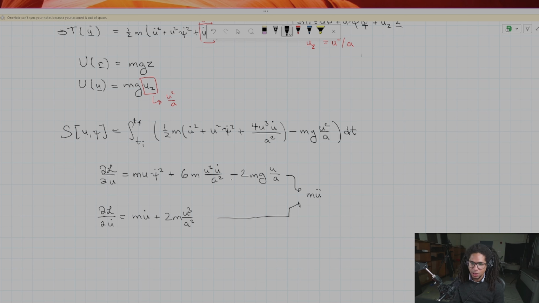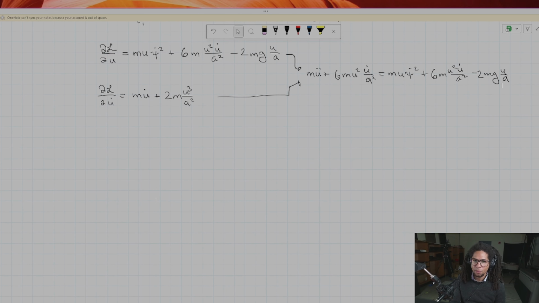So I'll get m u double dot plus 6 m u squared u dot over a squared. Looks good to me. And that is equal to m u psi dot squared, good, plus 6 m u squared u dot over a squared minus 2 m g u over a. Okay, now how about the psi equations?